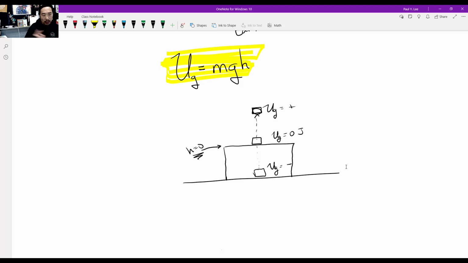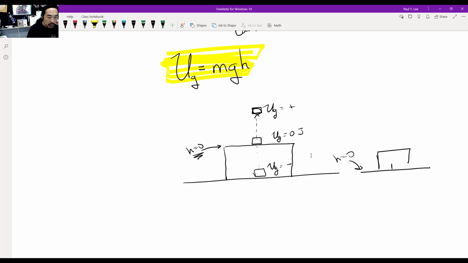It is entirely up to you where you want to make your height 0, and I suggest the lowest point in the object's journey. That is probably the best place for your height to be 0. For example, if we know that the object will eventually be on the floor, you can say, why don't we make this height 0?